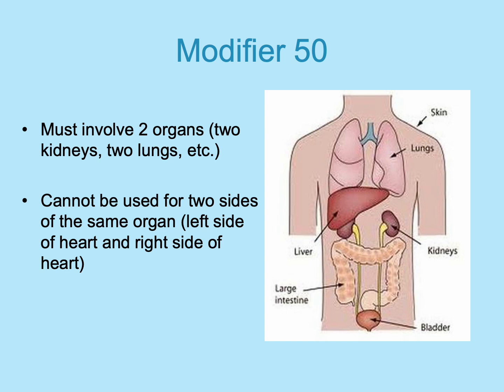So in order to use modifier 50, it must involve 2 organs, 2 kidneys, 2 lungs, such as that. You cannot use it for 2 sides of the same organ, like the left side of the heart and the right side of the heart. It's got to be 2 distinct organs.